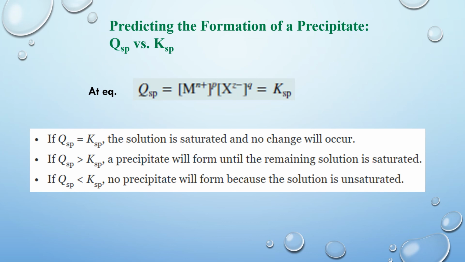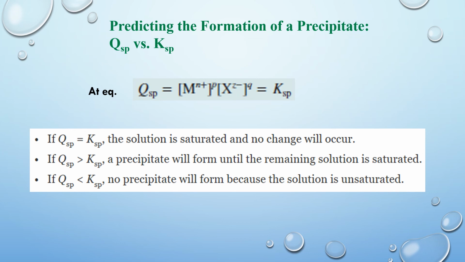However, if you mix some reactants and the Q value is greater than the K value, so Qsp is greater than the solubility constant, that means your system has a concentration of the solubility products that is above the saturated concentration, or the highest allowed concentration.